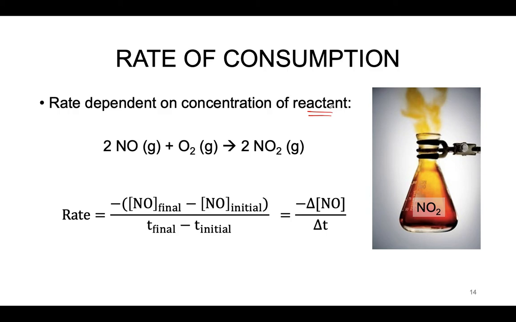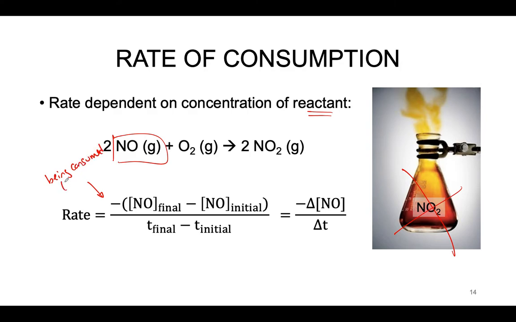So if we're again paying attention to the exact same reaction, no longer paying attention to our product, instead just picking out, let's say, one of our reactants, the nitrogen monoxide, the rate of consumption is going to be equal to a negative, because here our reactant is being consumed.